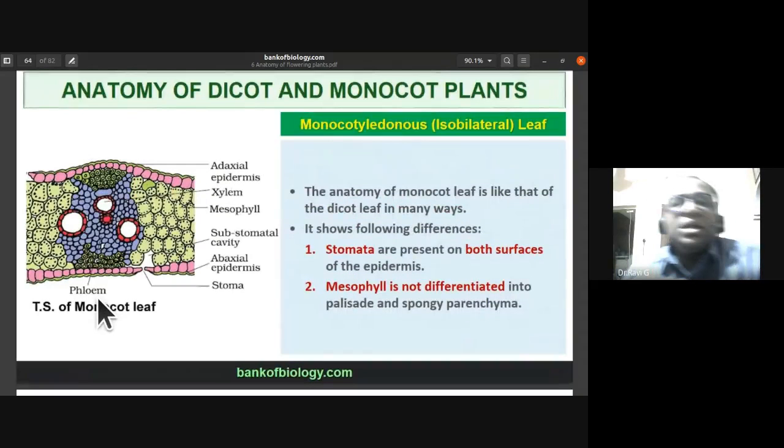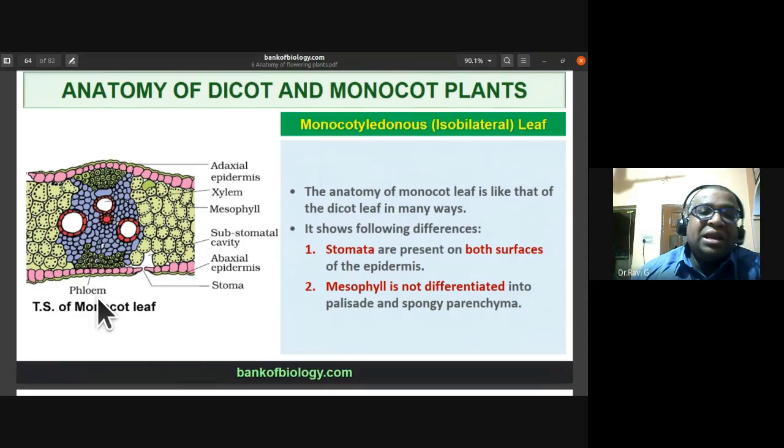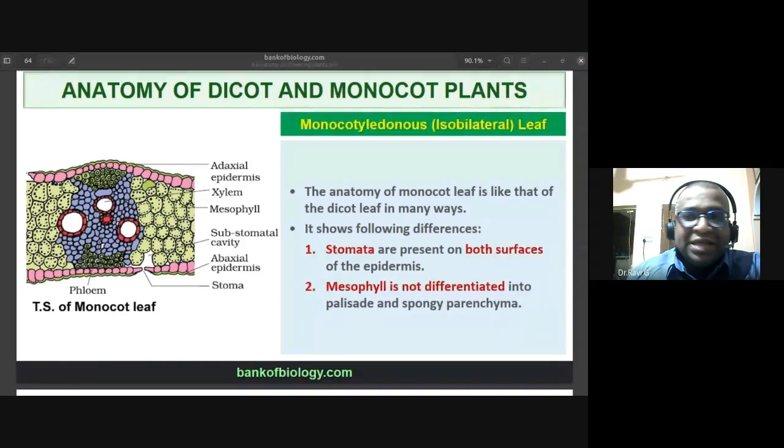So the monocotyledonous or isobilateral leaf. The anatomy of monocot leaf is similar to that of dicot leaf, except the mesophyll is heterogeneous in case of dicot leaf, but in monocot leaf it is homogeneous. So the monocotyledonous leaf, we call it isobilateral leaf.